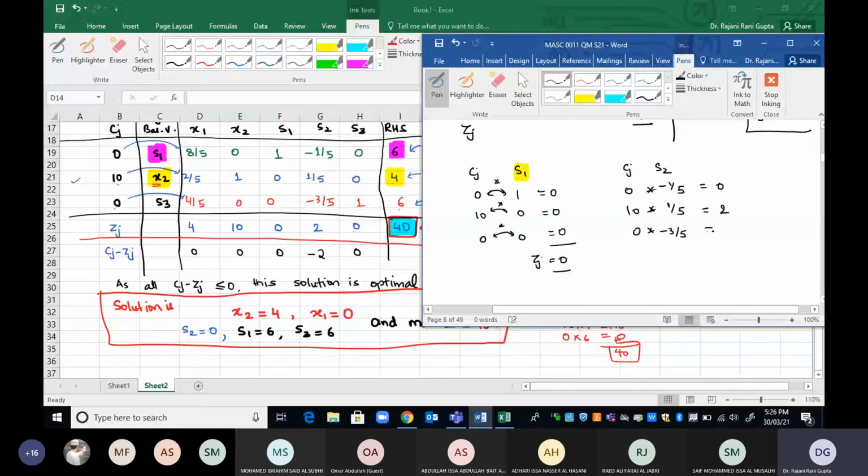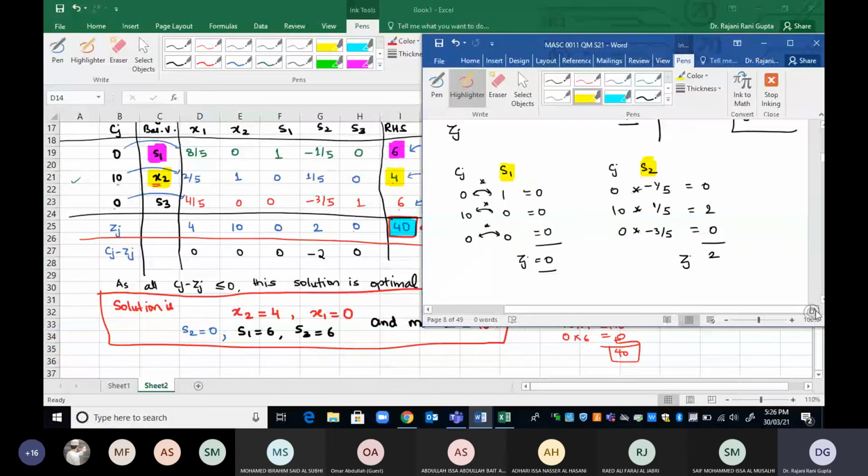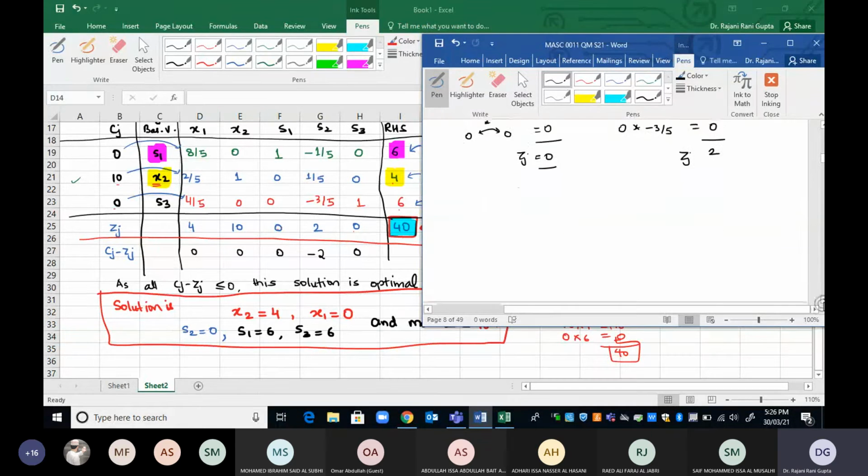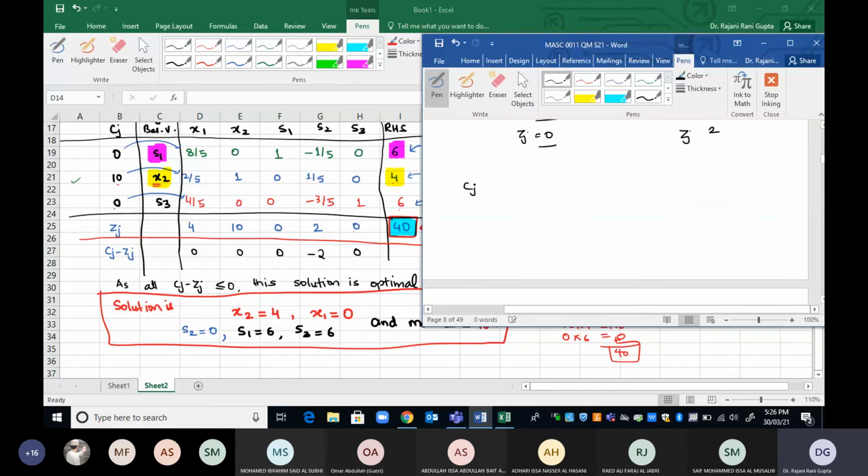Now let me tell you for ZJ. Cj is 0, 10, 0. Now what is in the RHS? The numbers are 6, 4, 6. You multiply them again. So this is 0, 40 and 0. Add them, it gives you 40.